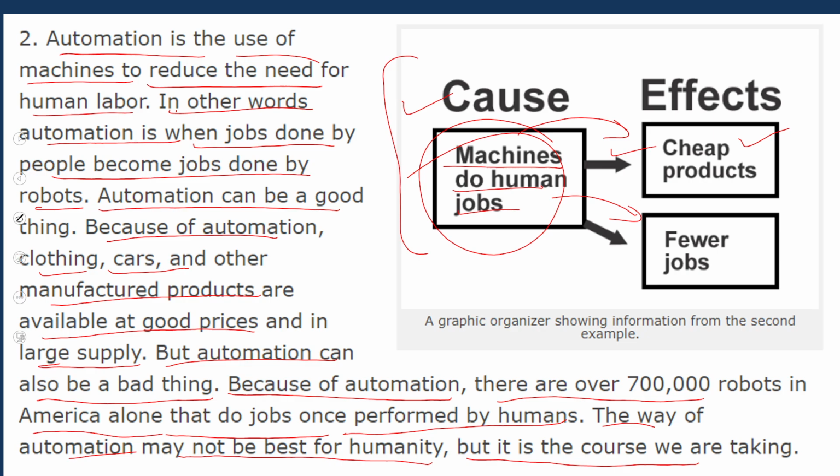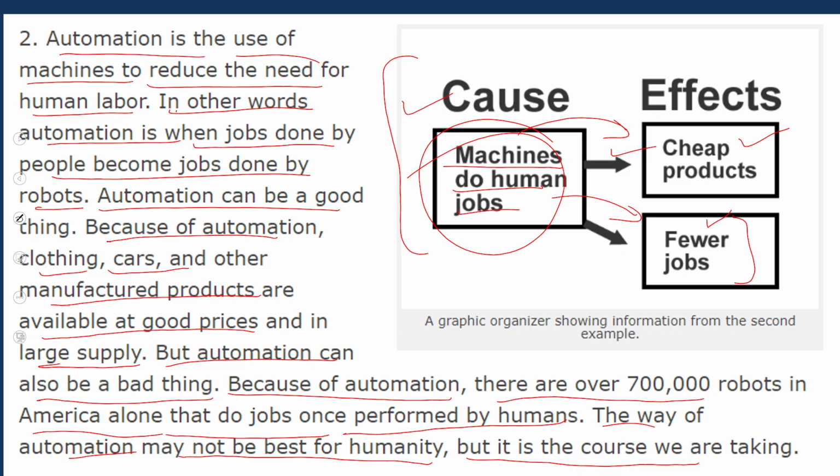When machines are doing human jobs, we find things easily with less cost, and the products will be cheap and easy to buy. But there is also a negative effect. Negative effect is that humans will have fewer jobs because the jobs are taken by machines. And this is what we mean by a cause and effect relationship.